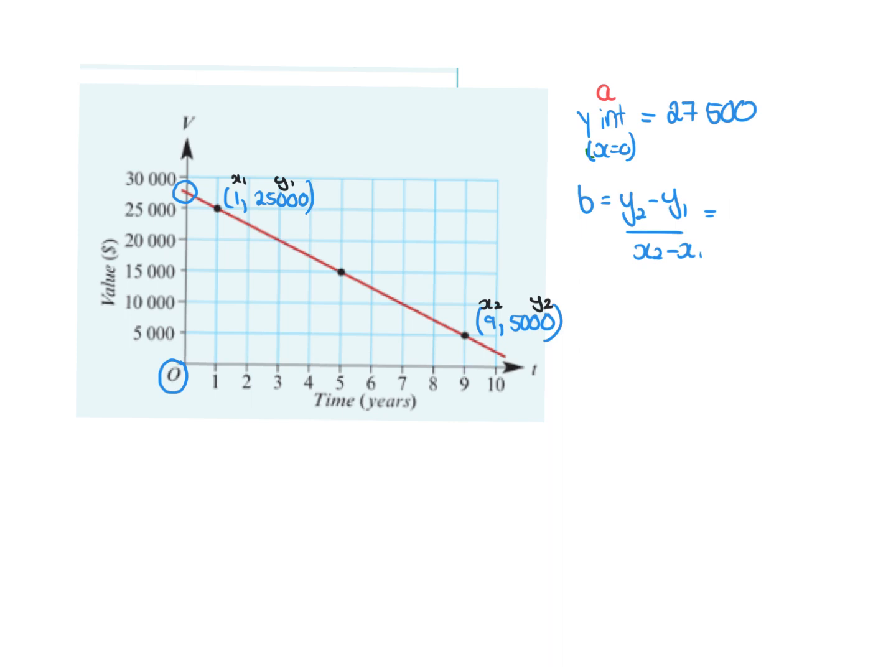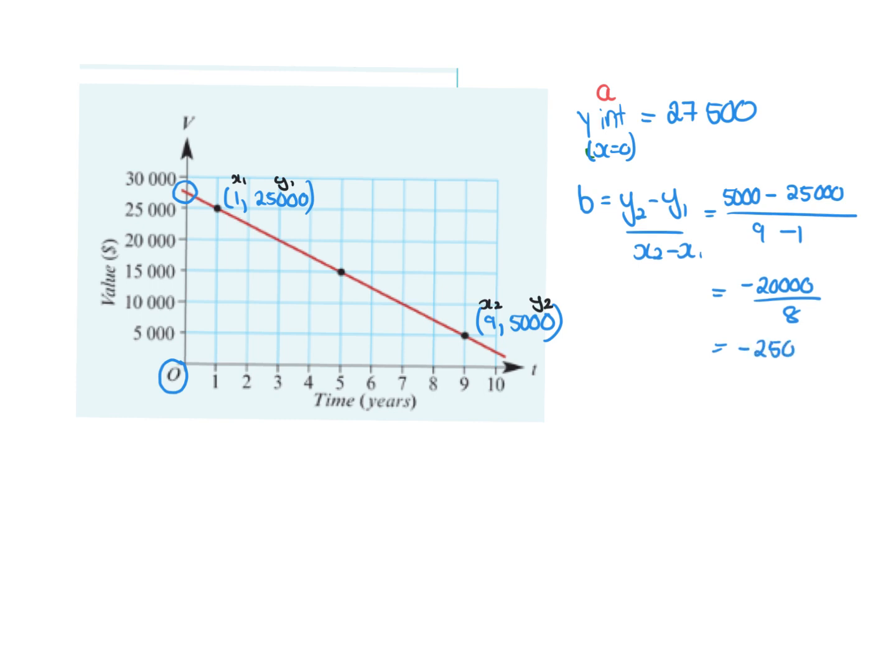So I have 5,000 minus 25,000 over 9 minus 1. Now, that's going to be negative 20,000 over 8. So if you do that on your calculator, what do we get?